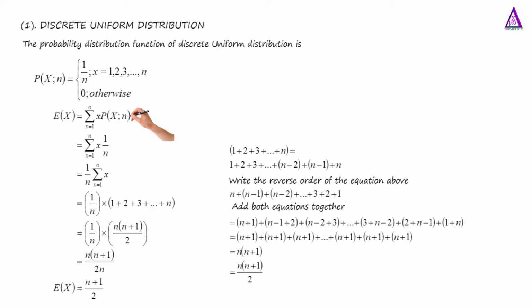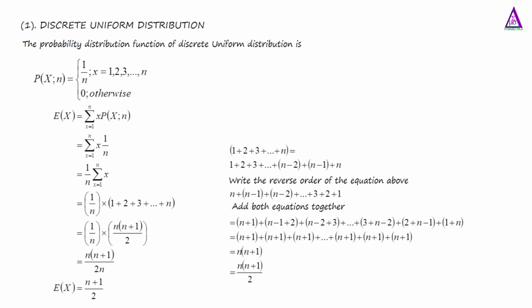Expected value of x equals the summation of x ranging from 1 to n, x times the probability distribution function of discrete uniform distribution, which is this. In equation 2, we put the probability function of discrete uniform distribution into the equation, which is 1 over n.